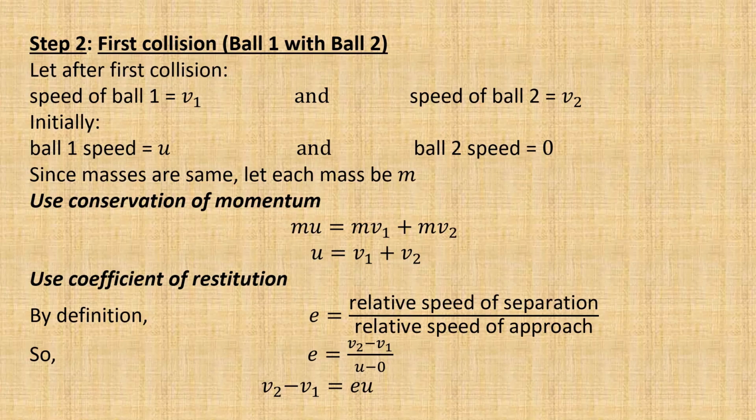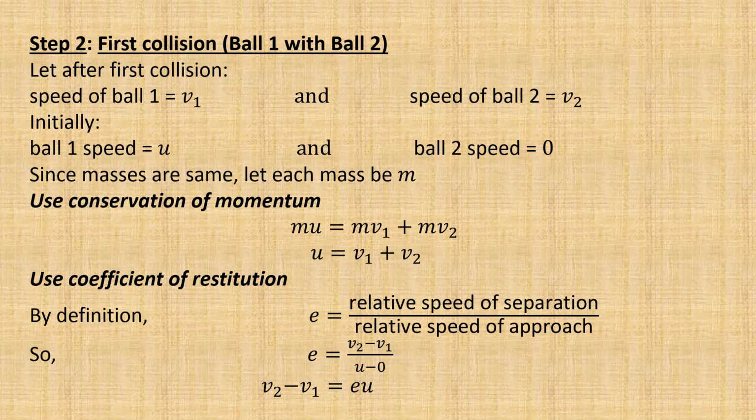Let us start with the very first collision, that is ball 1 hits ball 2. Before collision, ball 1 has speed u and ball 2 is at rest. After collision, let ball 1 have speed v1 and ball 2 have speed v2.